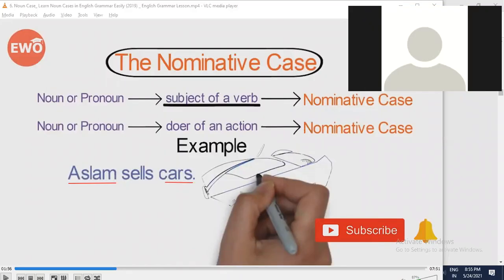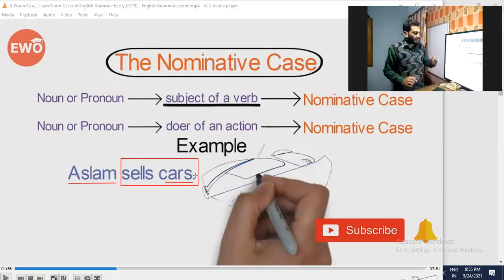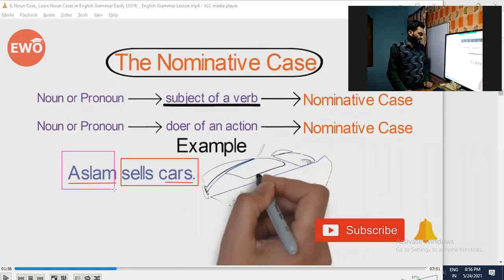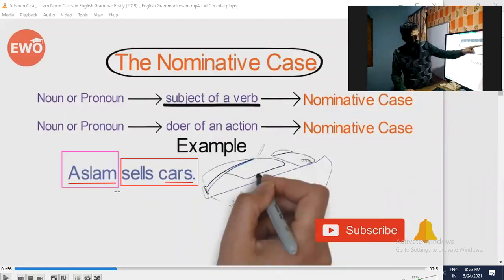Here Aslam is in subjective case, because the rest of the sentence, that is, sells cars, tells us about Aslam. Aslam is the doer, that means he does the action. So Aslam is in subjective case, that means the noun Aslam is in nominative case.